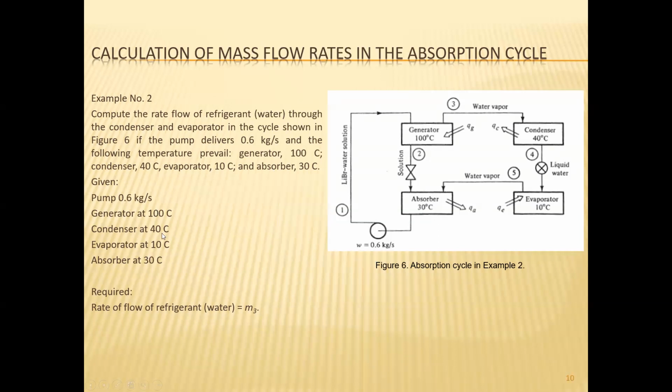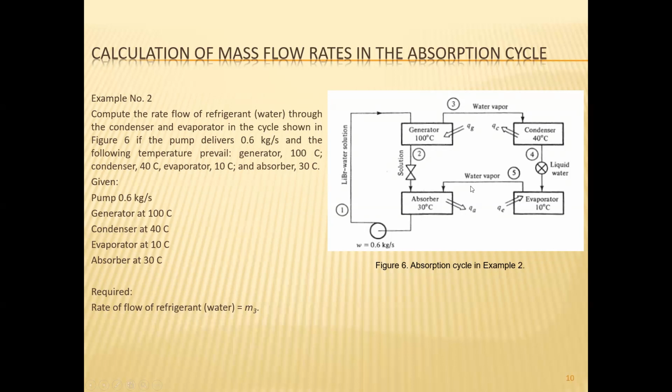Generator 100C, condenser 40C, evaporator 10C, absorber 30C. Yan lang mga given mo. Required: what is the refrigerant flow in this problem? So LS is M3. Yan.